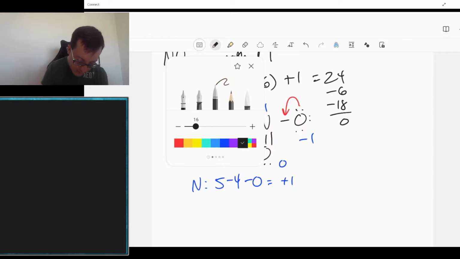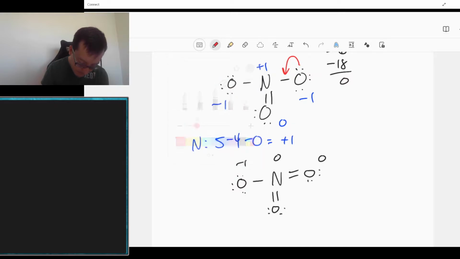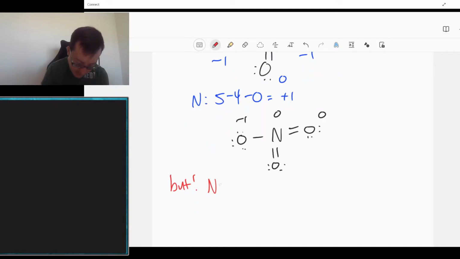If we try and do that, indeed, we have formal charges of 0 on all these things now, but nitrogen cannot accommodate an expanded octet.